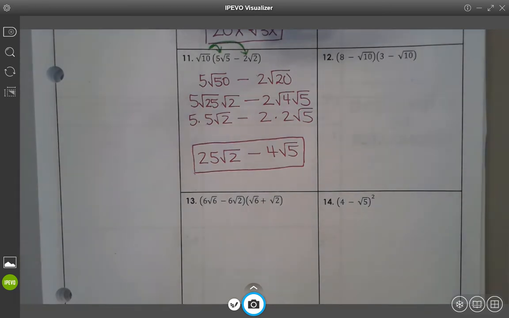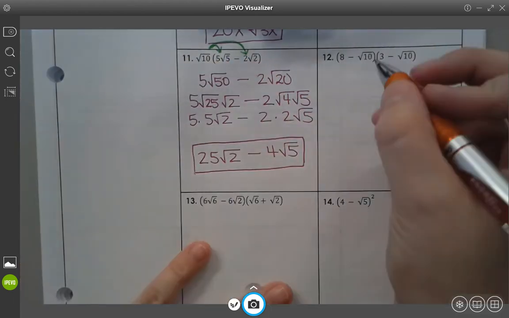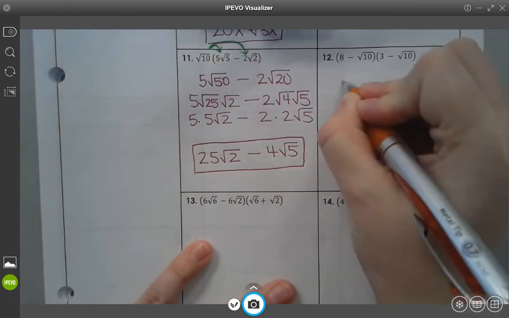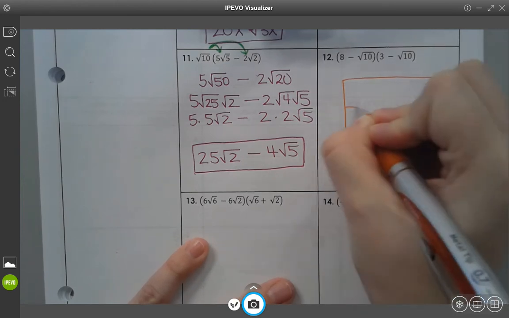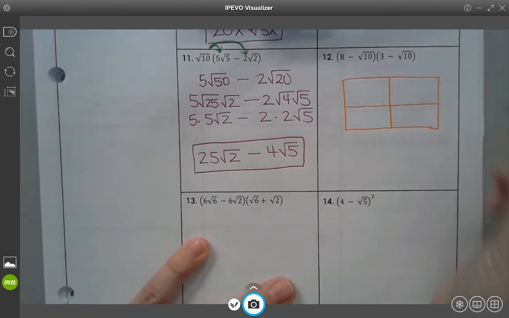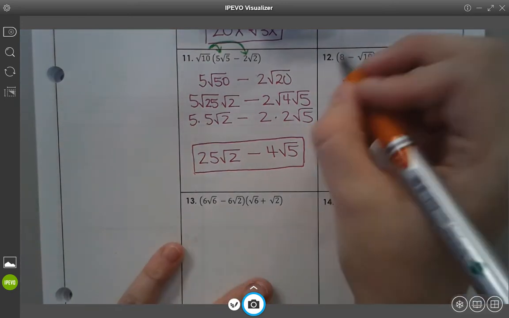Number 12, we have a binomial times a binomial. So this is, you could do FOIL method. I'm going to draw a box just because I like that myself. I think it helps you not miss anything. So we have a 2 by 2 box, and I like to make it wider so I can write more in there.